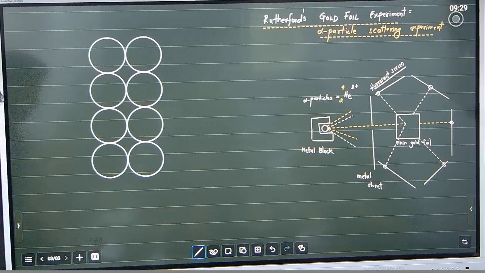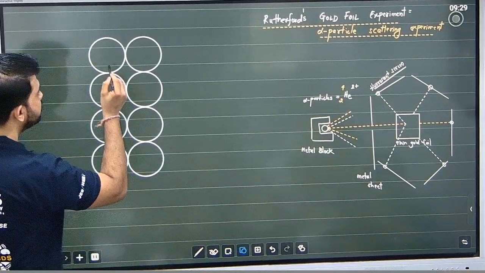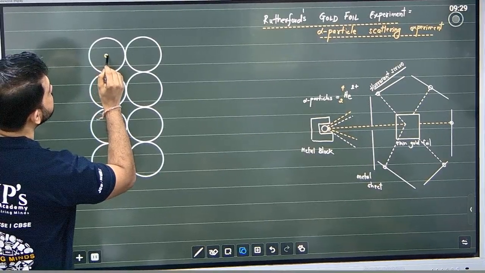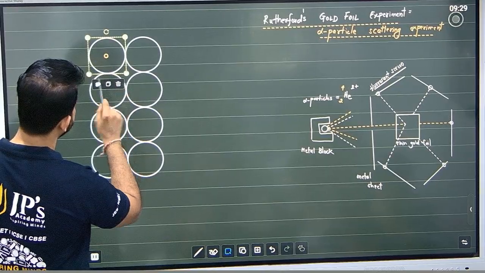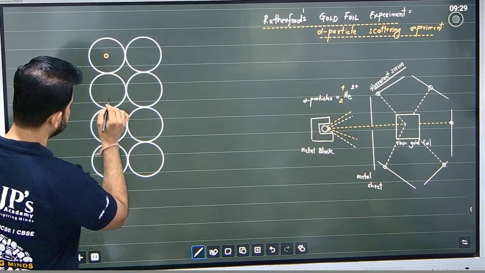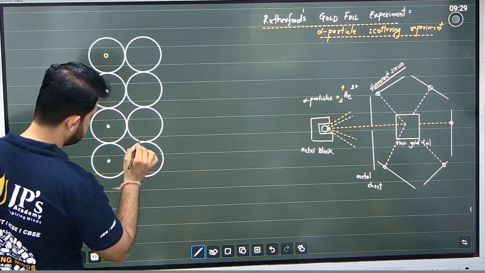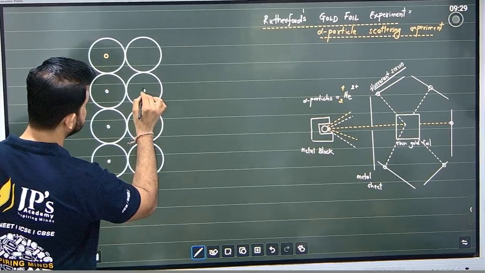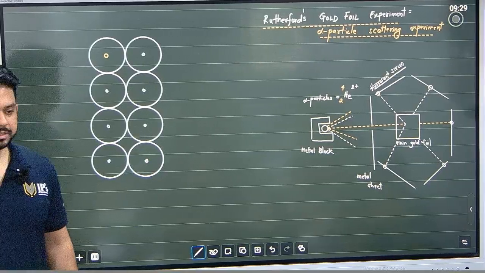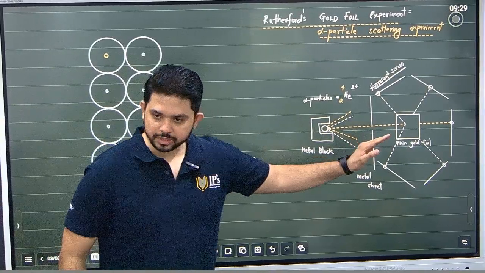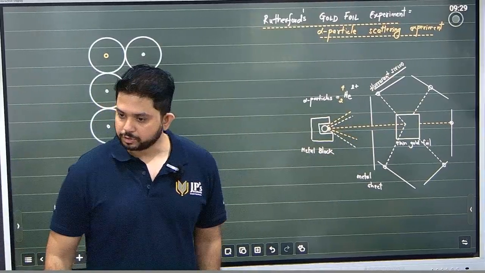So, this is, let's say, a gold atom. Center of the atom, what do we have, people? We have the nucleus. What you observed is majority of the alpha particles, or you can say like 99% of the alpha particles, went straight through.